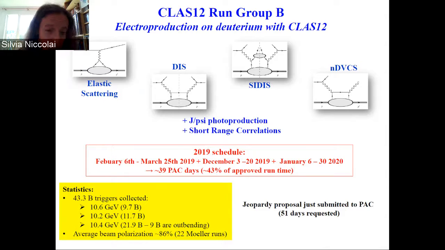We had an average beam polarization of about 86%. And we just submitted a proposal to the PAC for the Jeopardy in order to obtain the rest of the approved runtime. Basically, we requested the missing 51 days of beam that we haven't managed to take in this first part of the run.